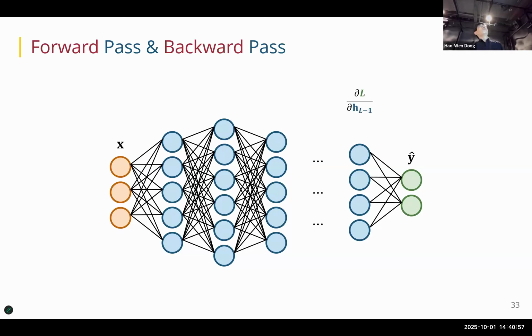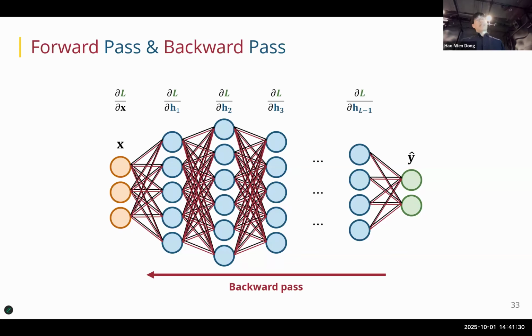So you compute the gradient, partial L over partial h_{L-1}. You're looking at the loss function and the last hidden layer: how would you change the weights and biases of that layer to make it better? And then you compute the second to last layer, the third layer, the second layer, the first layer, all the way. We call this the backward pass.